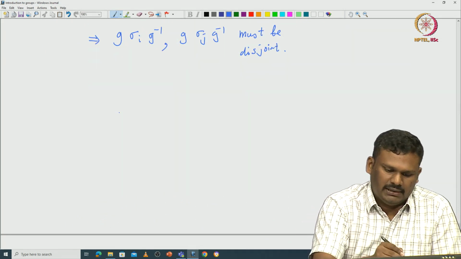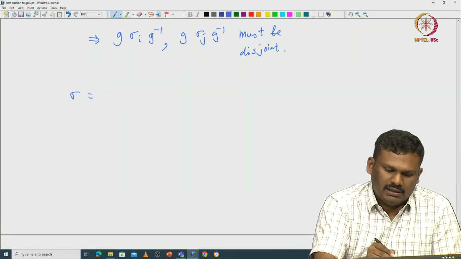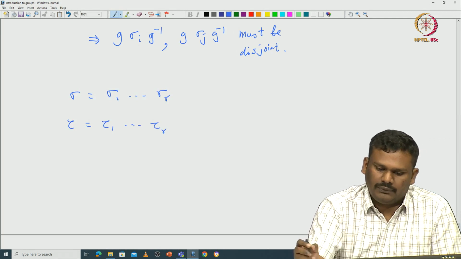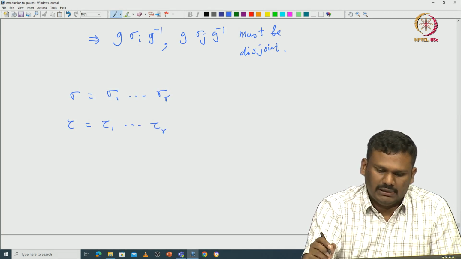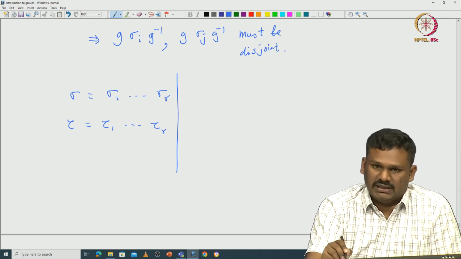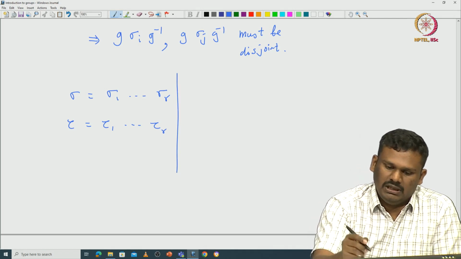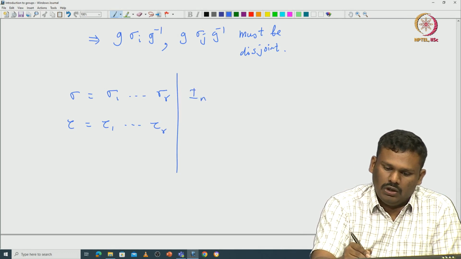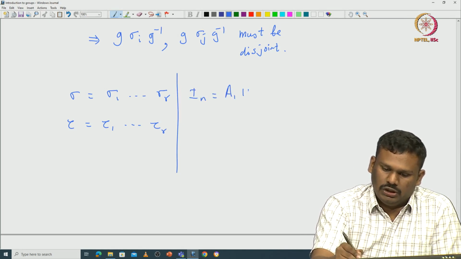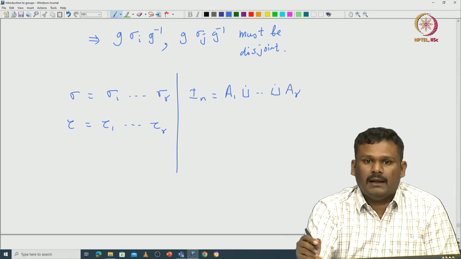You can write sigma as a product sigma 1 etc. sigma r, and tau as tau 1 etc. tau r. Now note that these sigma i's are all disjoint cycles. So, basically you are partitioning 1 to n as A1 disjoint union etc. disjoint union Ar.